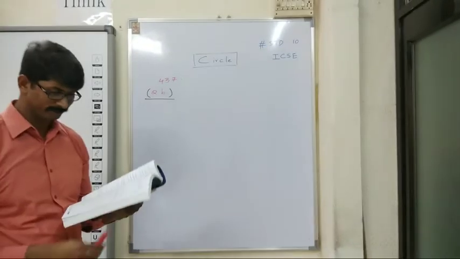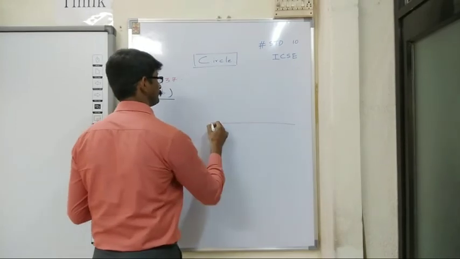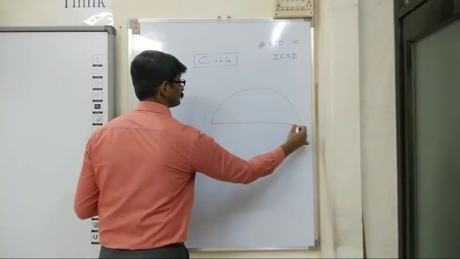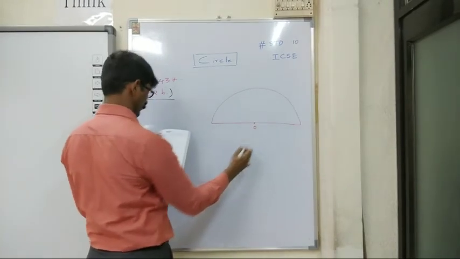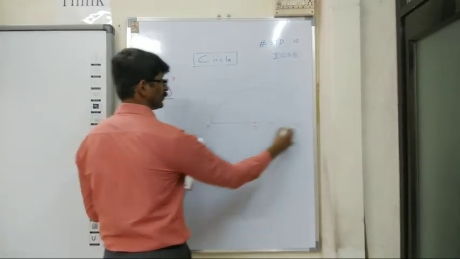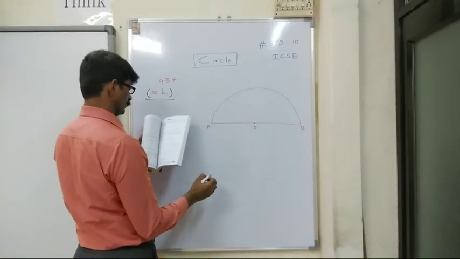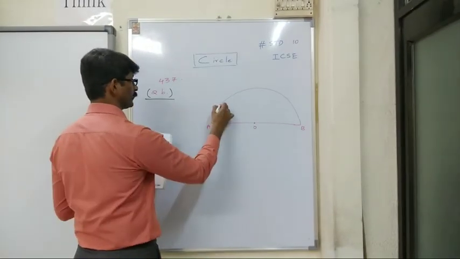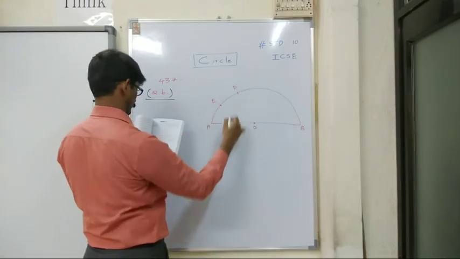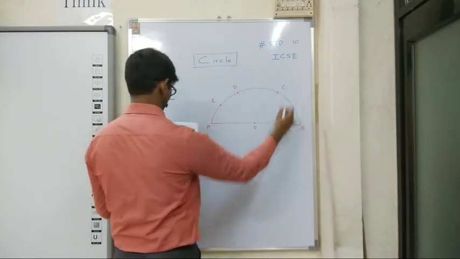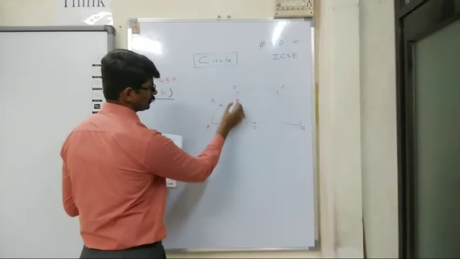What is the sum? There is one semicircle given. This is the center of the semicircle O, and this is the diameter AB, and we have got three more points here: E, D, C, and now this point has been joined like this.